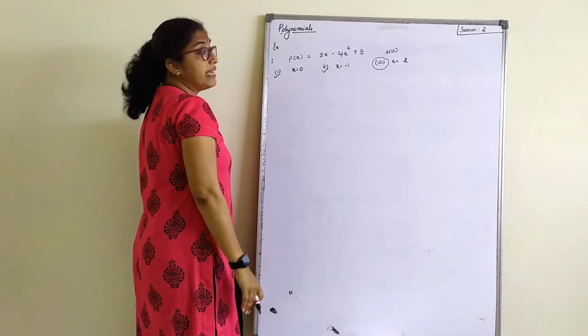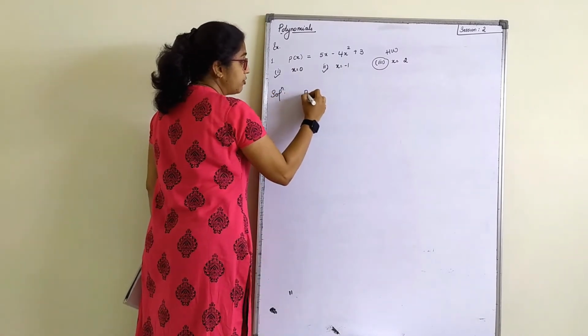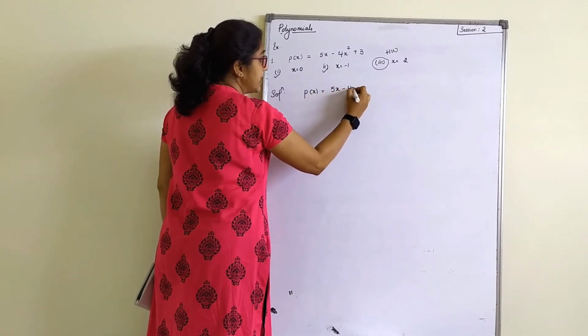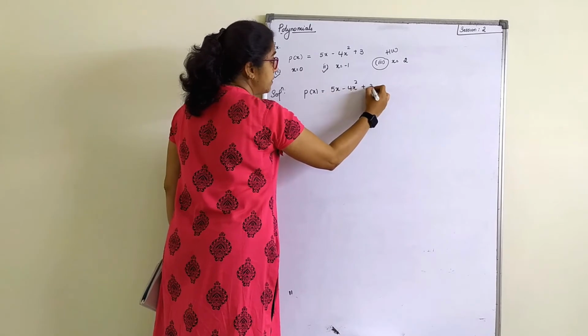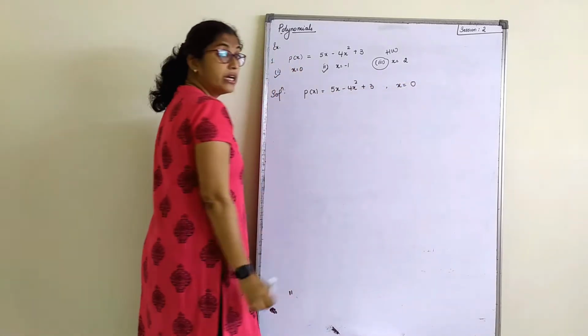We have to substitute x value as 0. So in the solution part, I will again write p of x is equal to 5x minus 4x square plus 3 and x value is 0. Correct?